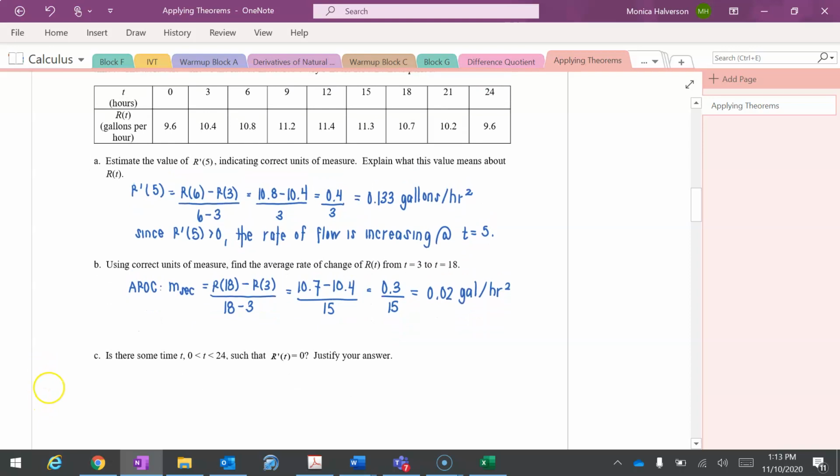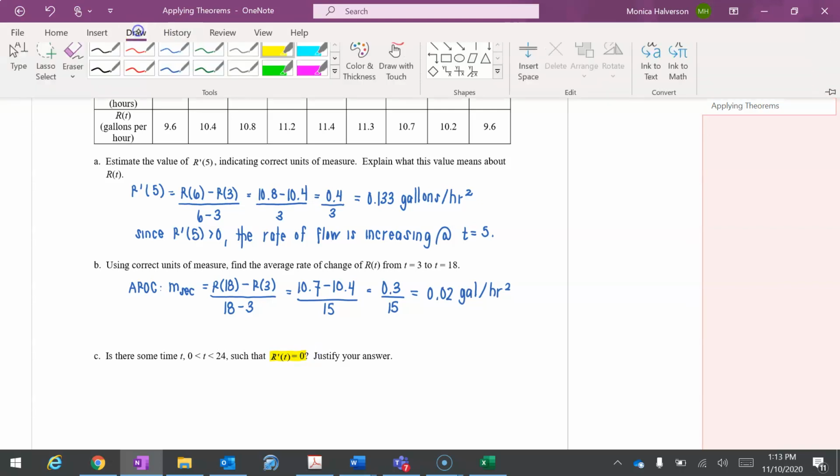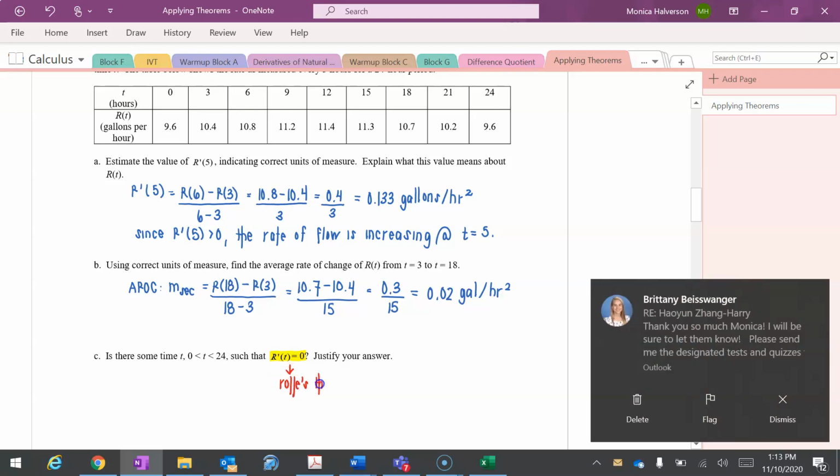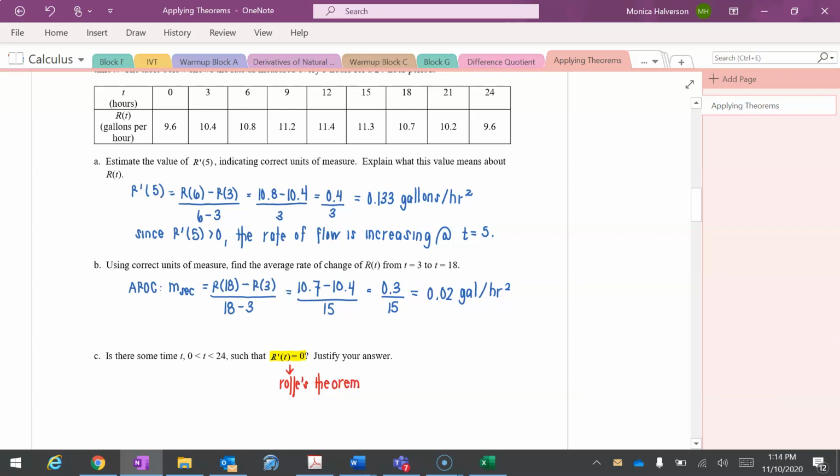So, is there some time t between 0 and 24 such that the first derivative is equal to 0? This right away should symbolize to you Rolle's theorem. So we need to remember what the 3 conditions of Rolle's theorem are.